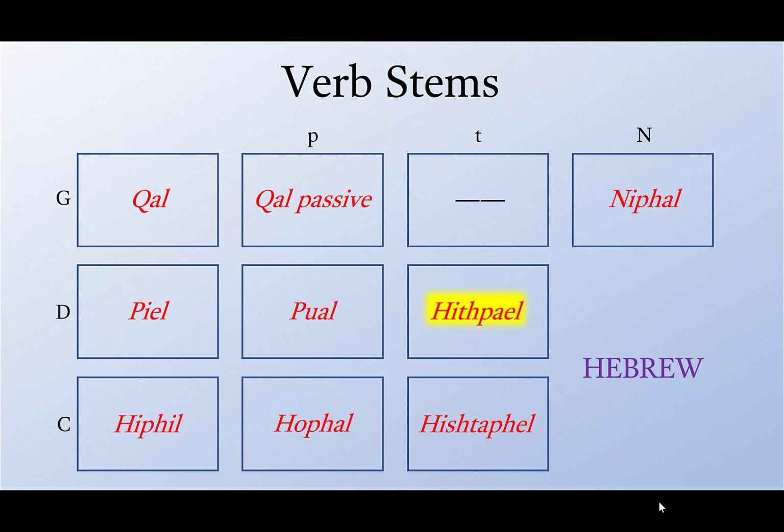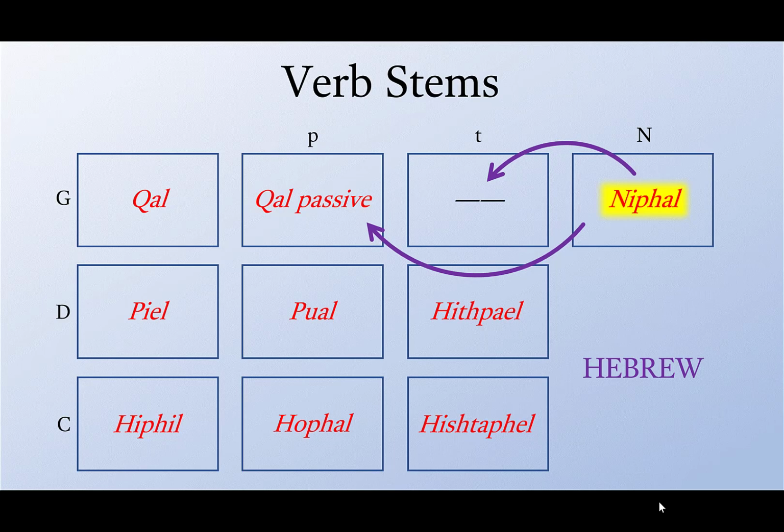Okay, and then finally I've placed Nifal off to the side because it's not in the G, D, or C category, and it's going to end up not being in biblical Aramaic, okay? But it's important to mention it right now because, interestingly, in biblical Hebrew, there's a way to express TG. That is to say, the base idea of a verb, but a reflexive variation of it, and that's through Nifal.